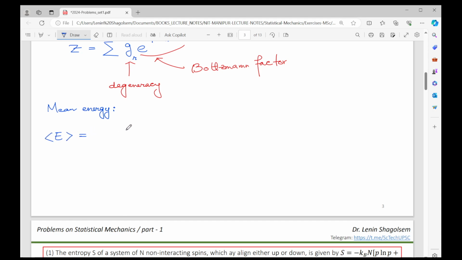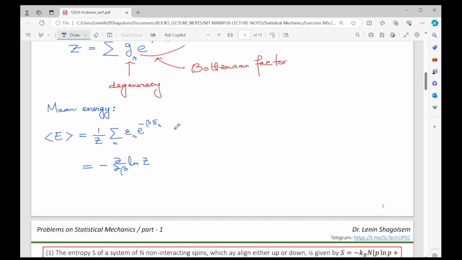It can be written as 1 over Z summation E_r e to the minus beta E_r, over the states. And now this can be shown as negative del by del beta log of the partition function.